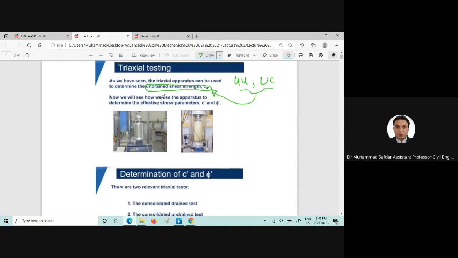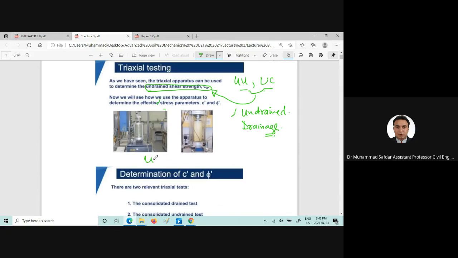Now, as we know that in the field there are conditions which are undrained, and there are also conditions where we will experience drainage.